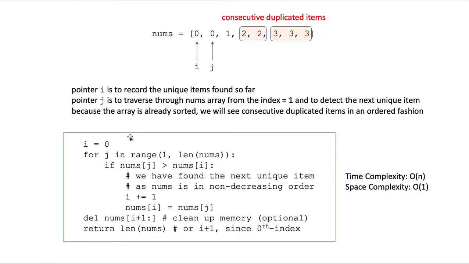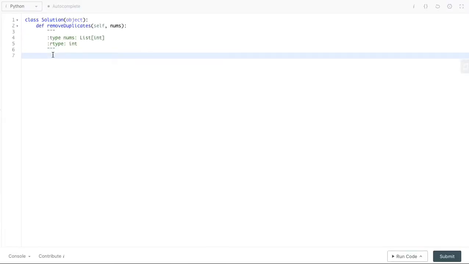Importantly, this code here has time complexity O(n) and space complexity O(1). So it certainly is better than the set and sorted method as well as the hash map, which allocates extra space. With the background introduced, now let's write the code.